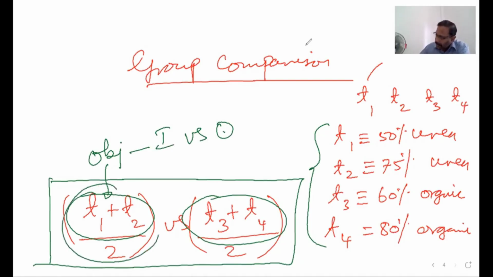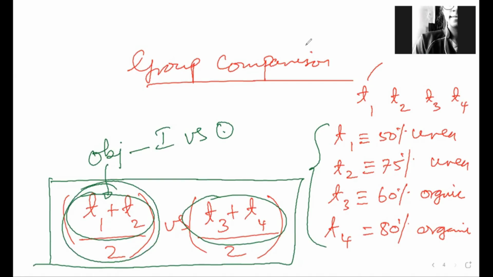So what about the average of T1 and T2? Is it inorganic or organic? Inorganic. The source of nutrient, what type of nutrient, we will forget it. Because we can give nitrogen from urea, we can give nitrogen from organic matter, no problem.